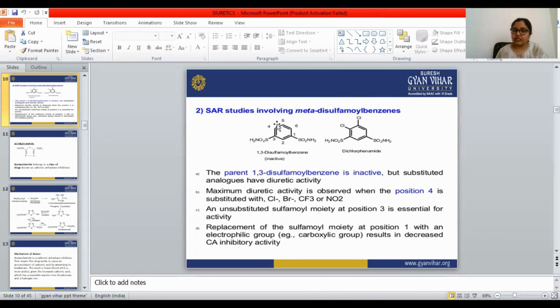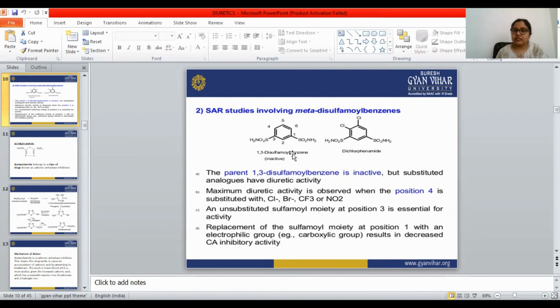Diuretic activity is increased when we introduce a chloride atom or bromide atom. And replacement of the sulfonyl group at the 1 position with any carboxyl group decreases the activity.